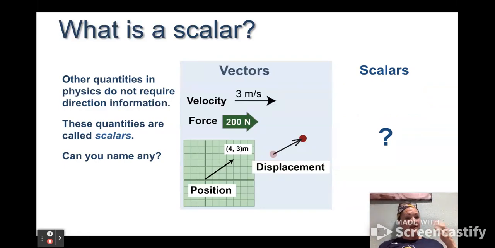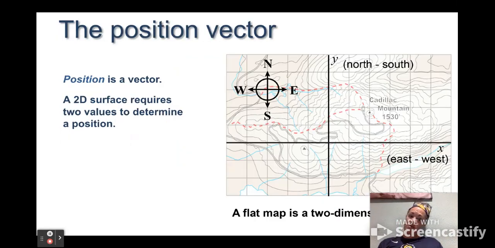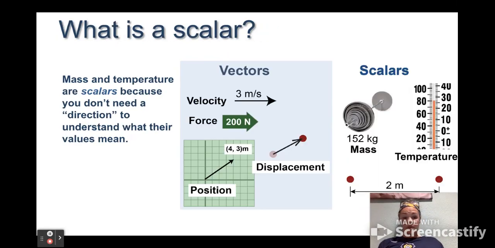So what is a scalar? You've got to know the difference, right? A scalar is other quantities in physics that do not require direction. So mass. Mass is a scalar. There is no direction. Temperature is a scalar. There is no direction.